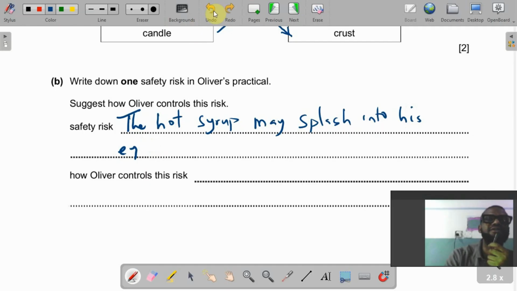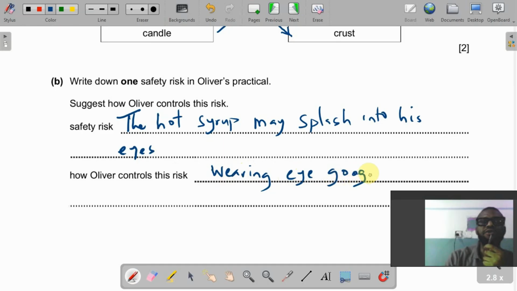How does Oliver control the risk? By wearing eye goggles.